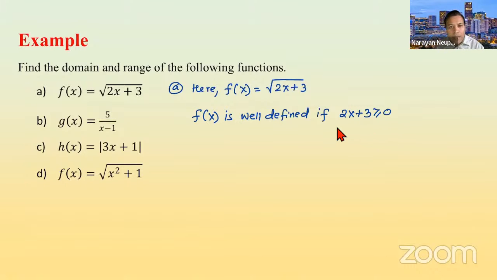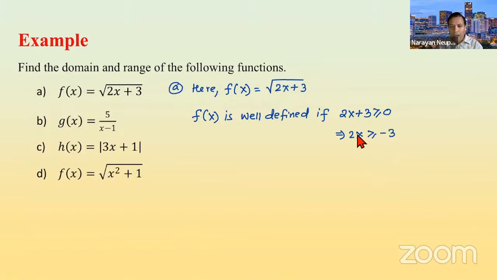So we got an inequality here. We need to solve this inequality and find the values of x. First, we can subtract 3 on both sides. So 2x is greater than or equal to, if you move this 3 to the other side, -3. 2x is greater than or equal to -3.